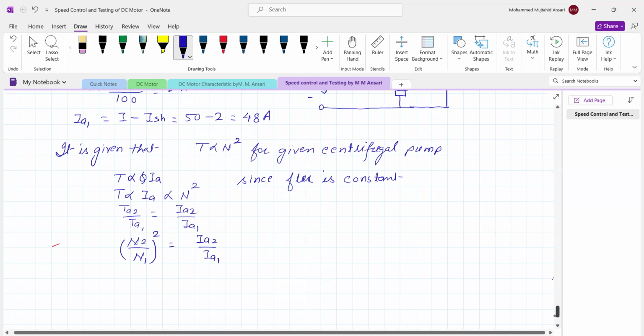Now put the values of speed: it is 800 divided by the initial speed of 1000 rpm, bracket square, is equal to IA2, which we want to know, divided by the current IA1, which is 48 ampere.